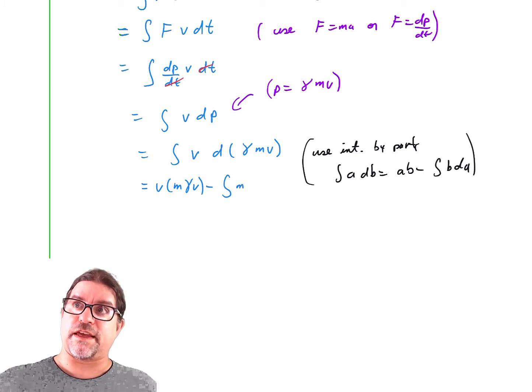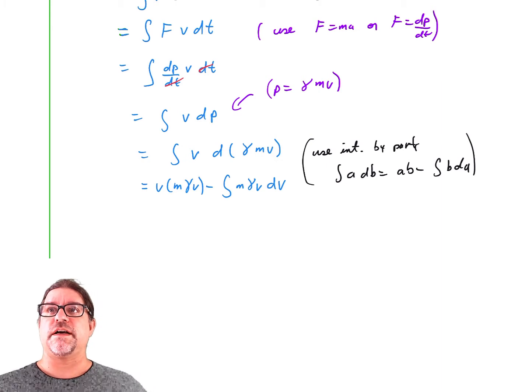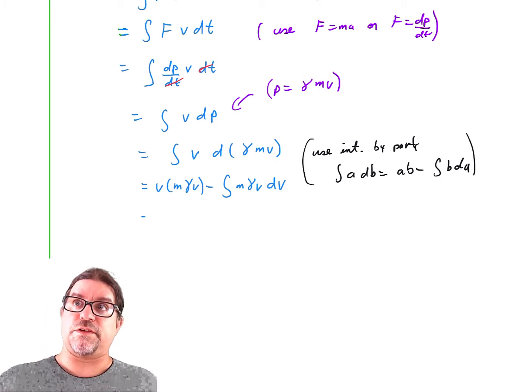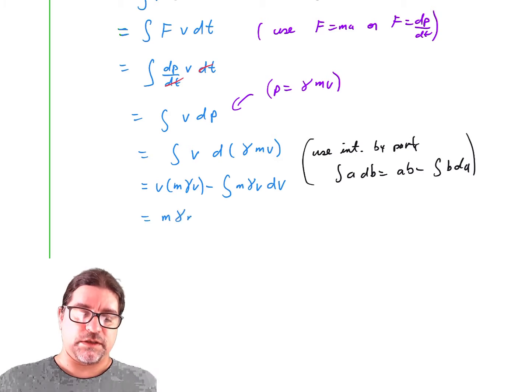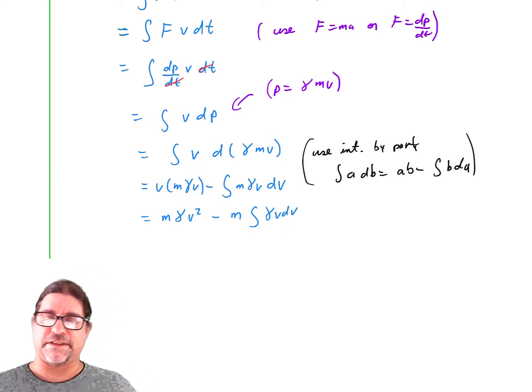So I end up with m gamma v dv. Okay, so let me do a little simplification here. I end up with m gamma v squared as my first term, and I'm going to factor out that m, minus m times the integral of gamma v dv.